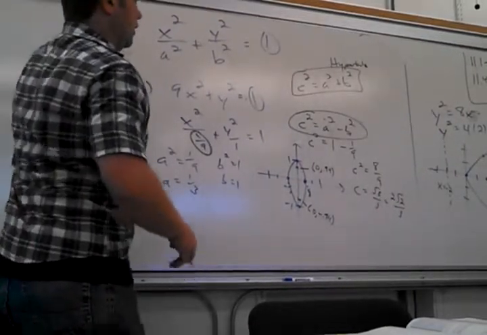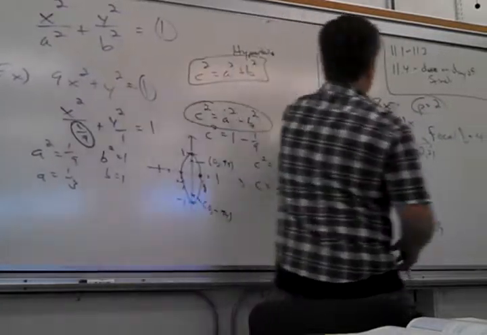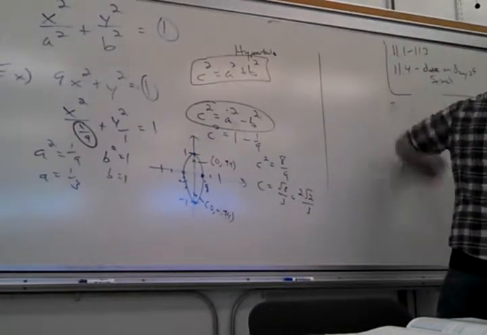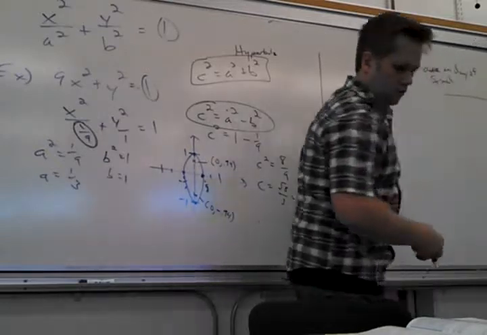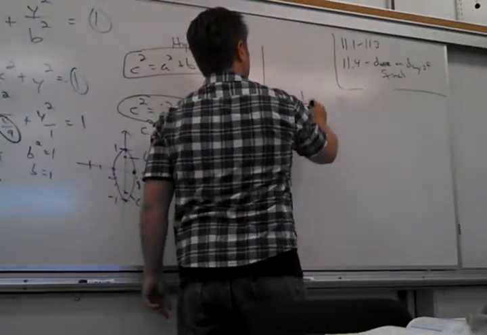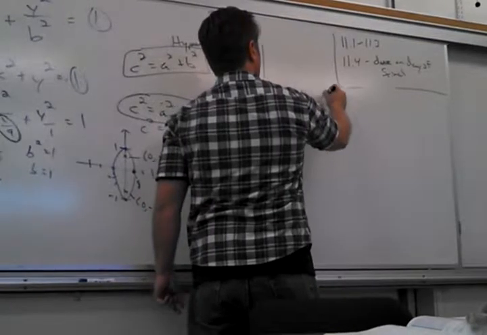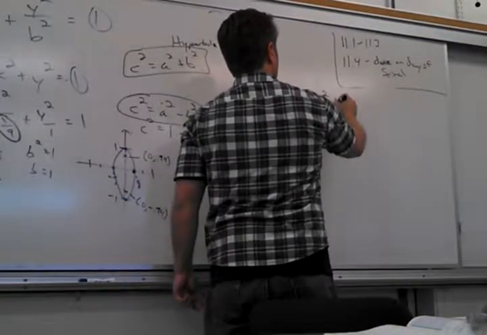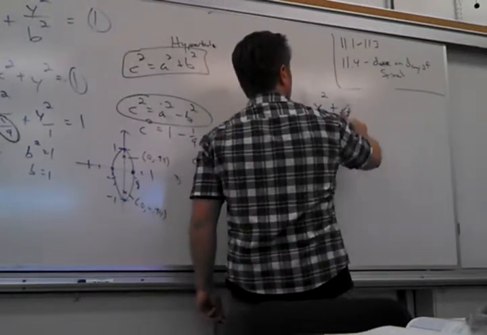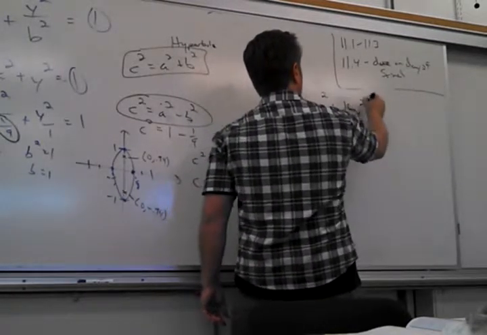Alright, so let you guys try one out. X squared plus 16y squared equals 16.